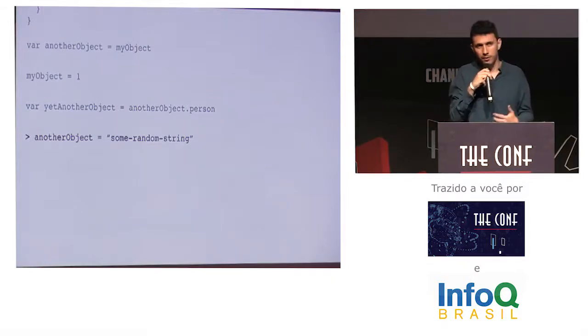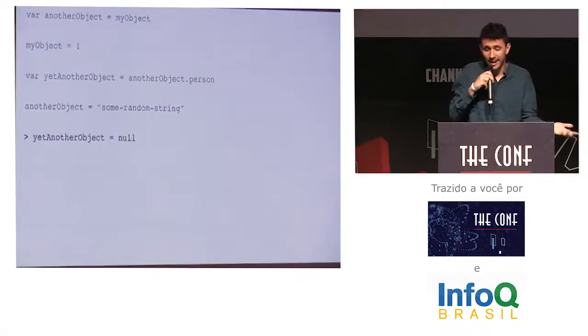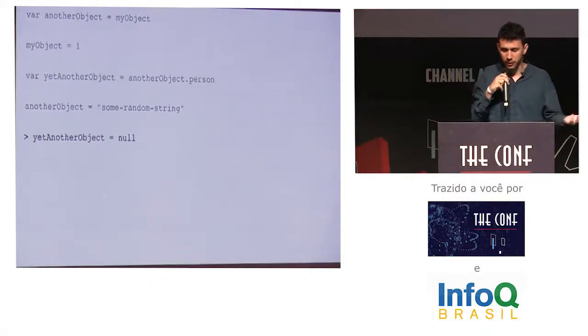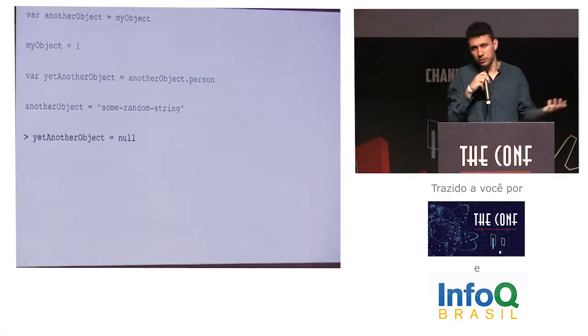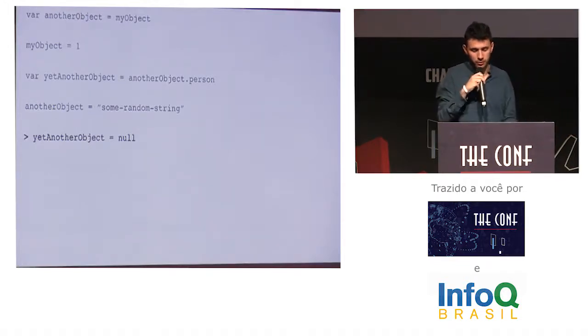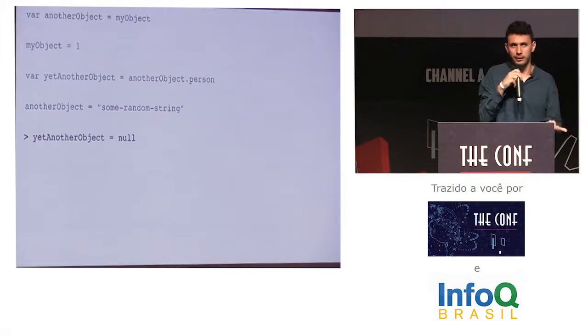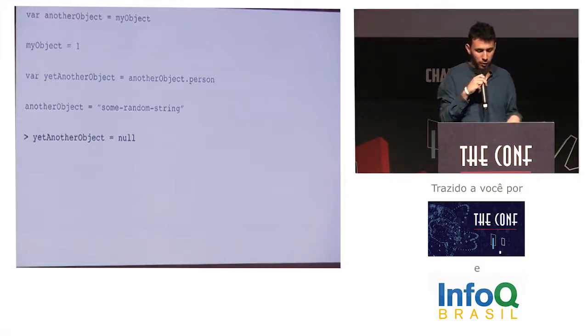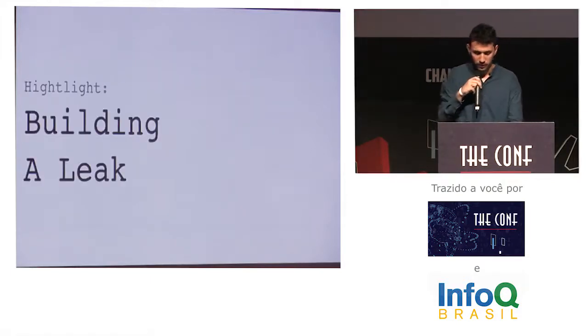However, yet another object can still be collected. So yet another object is changed to null. The counter decreases, there are no more references to my object, and it can be collected. Okay, remove my object from memory.